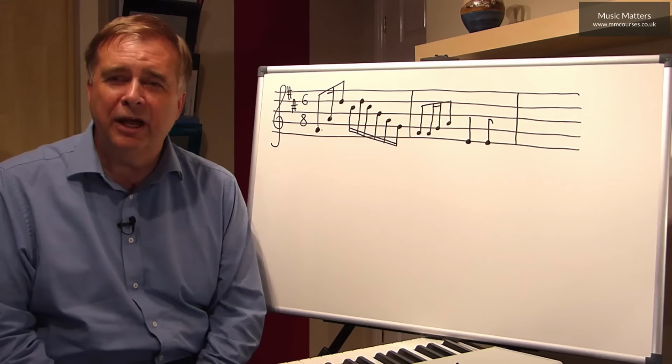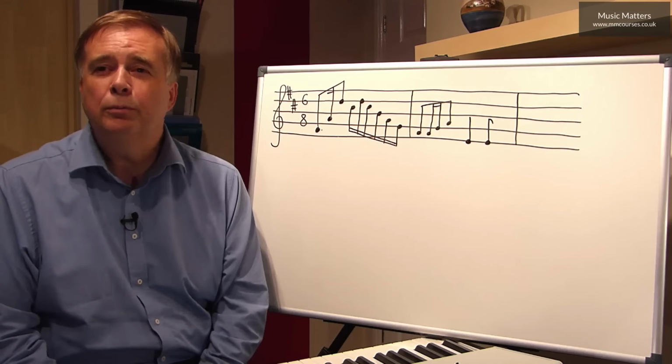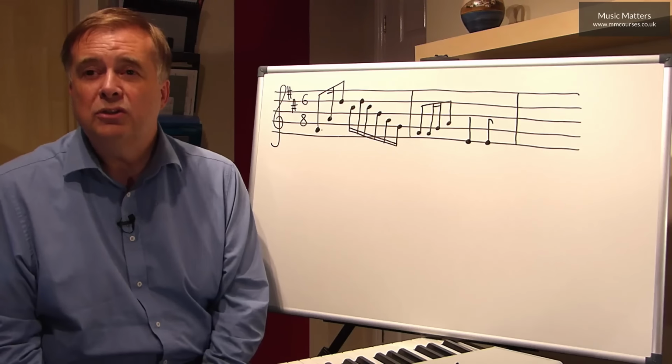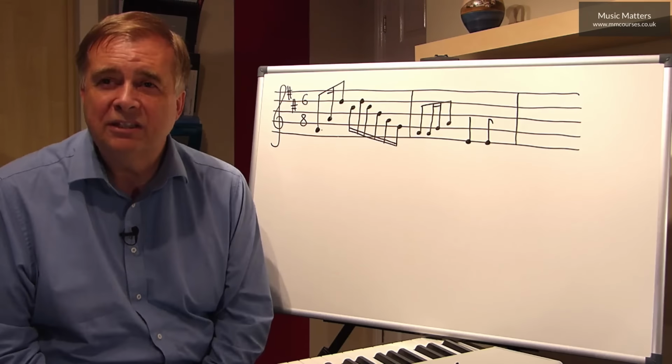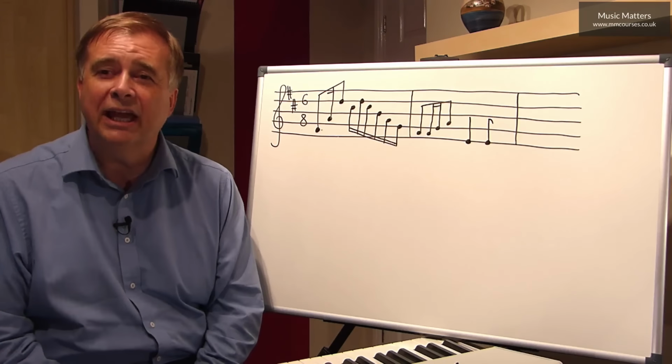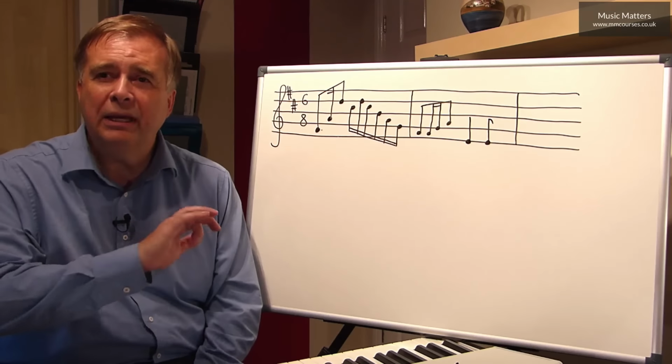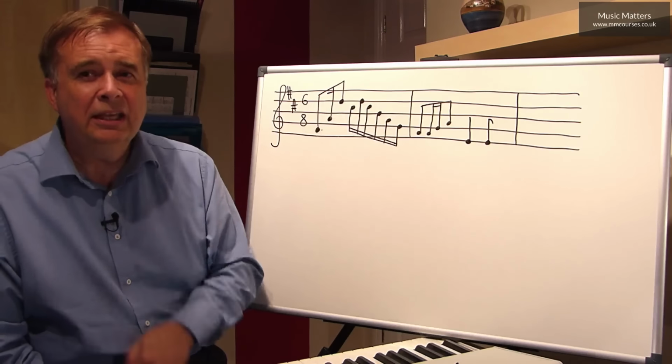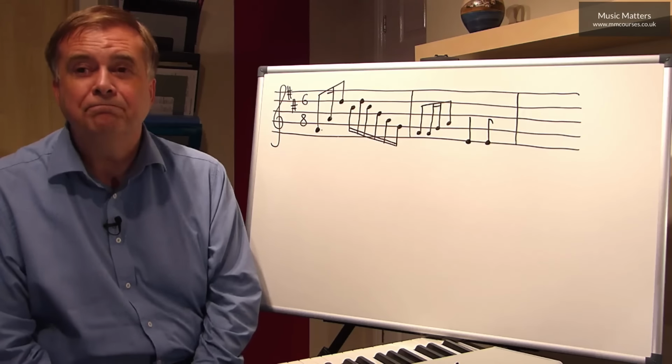So if you're writing a binary form piece, you know that you probably want to modulate to the dominant key or to the relative minor key at the end of the A section. So you can make provision for that just by planning the structure, even if it's just on a separate piece of paper. And then you can start to think about cadences.